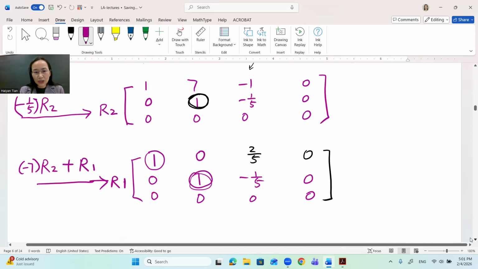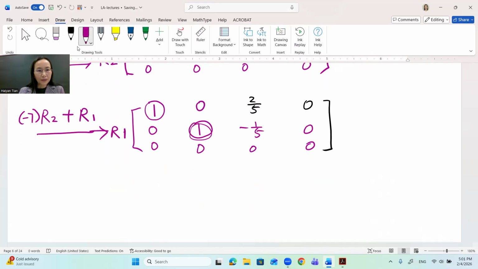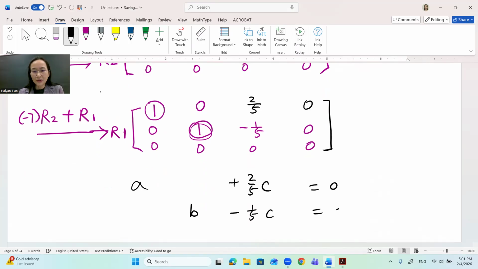So the solution: the first equation is now 1 times A plus 2/5 times C equals 0. And the second equation is 1 times B minus 1/5 times C equals 0.